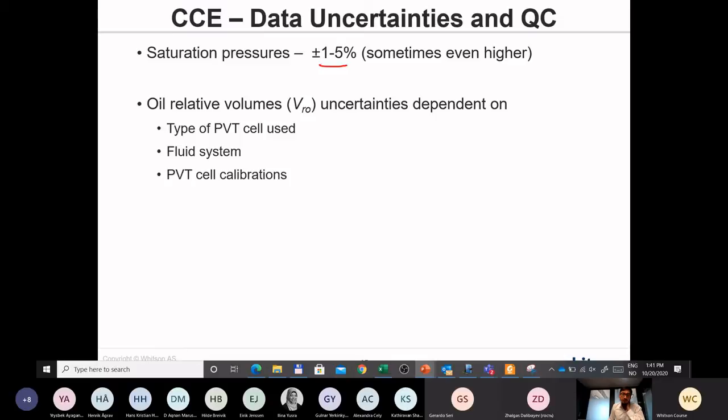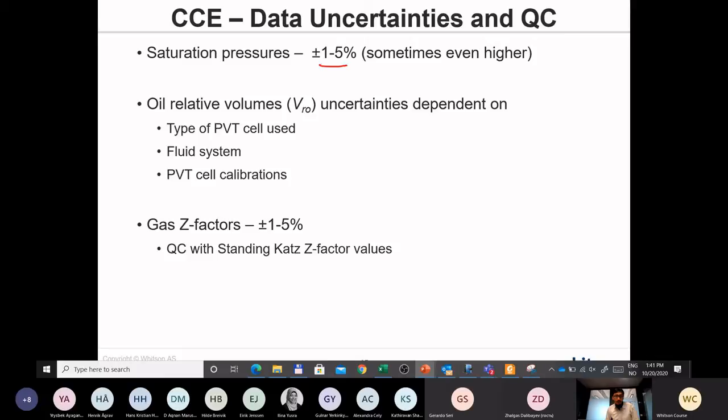So it depends on what type of PVT cell you are using, and also the fluid system, of course. In near critical fluids, for example, you have a very rapid change in the oil saturation in the PVT cell with just a few psi drop in pressure, and of course the calibration of the PVT cell is always important to get accurate measurements of the oil relative volumes.